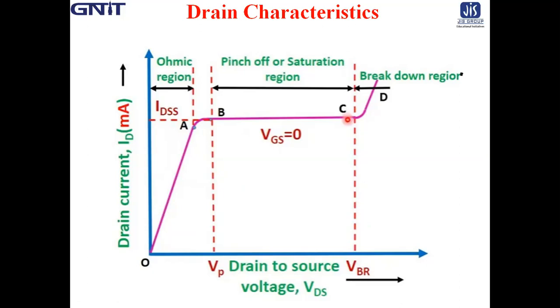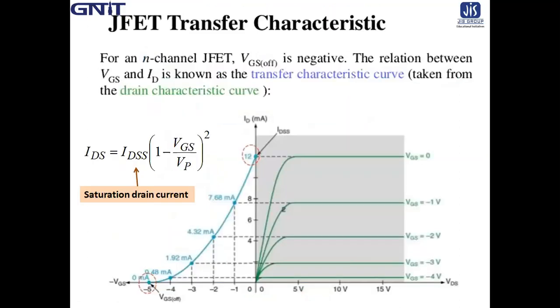Now move to the transfer characteristics. As we know, the transfer characteristics is a curve of ID versus VGS, and this basically comes from the drain characteristics curve. And we know that VGS here is basically a negative voltage.